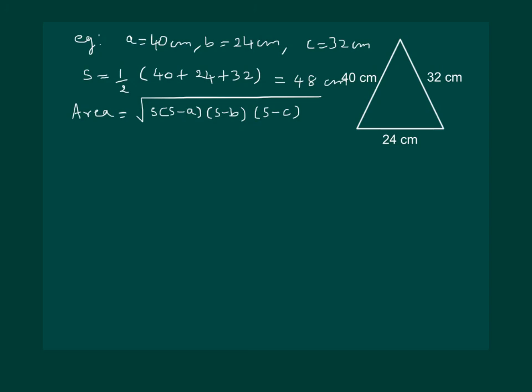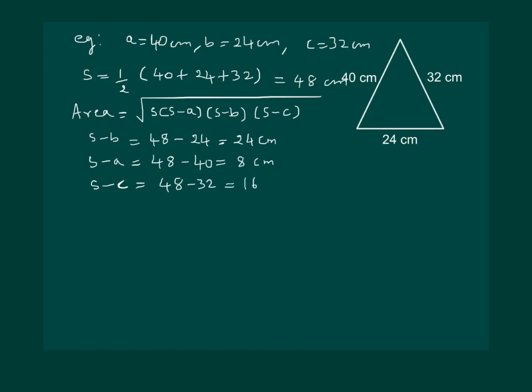So let us calculate s minus b, which will be 48 minus 24, that is 24 centimeters. s minus a equal to 48 minus 40, which is 8 centimeters. s minus c is 48 minus 32, which is equal to 16 centimeters.